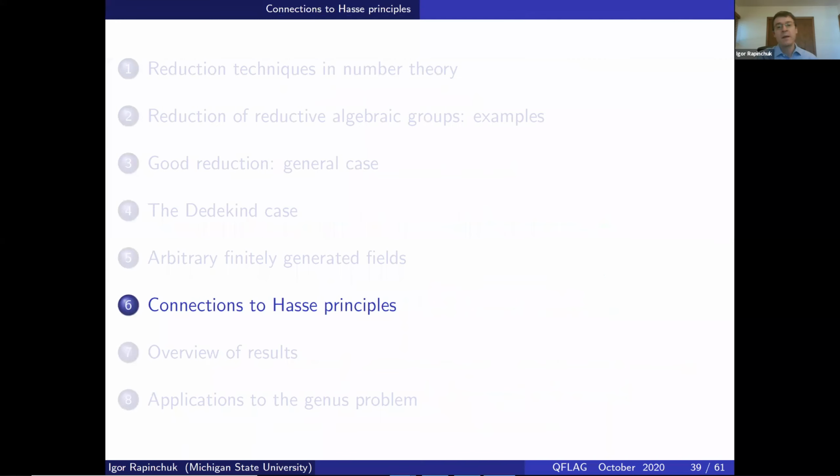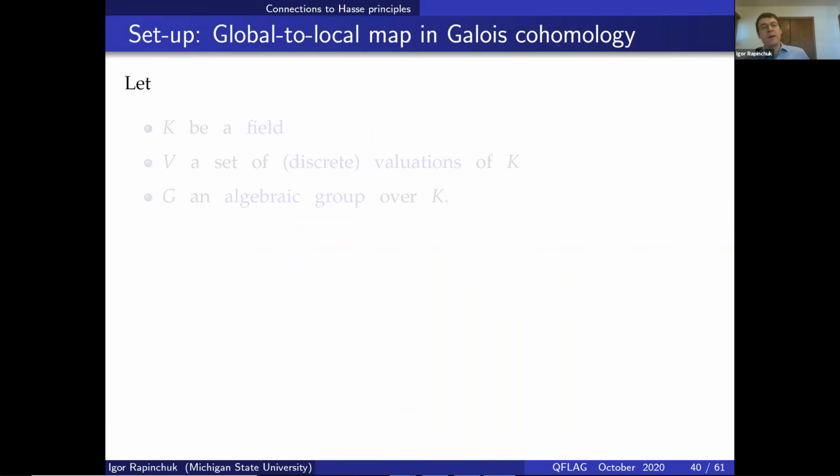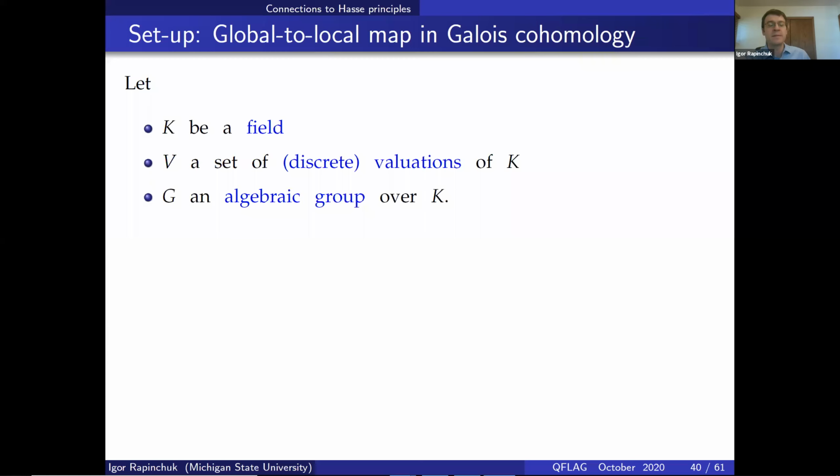Okay. So now, as promised, let me say a few words about local global principles. First, the general setup in the cohomological approach to local global principles looks something like this. We have a field K equipped with a set of discrete valuations, which are often discrete but need not be in general.